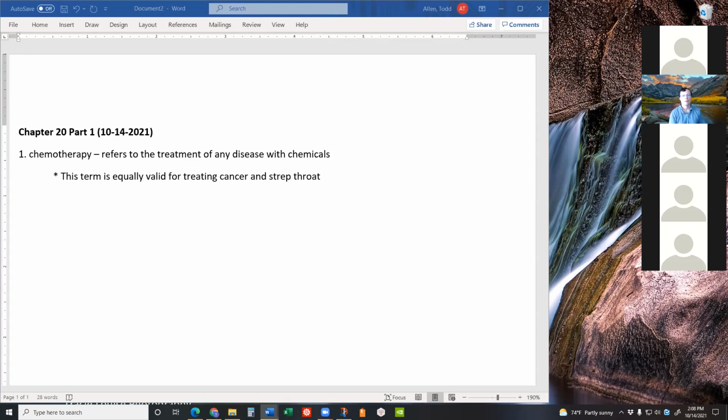Here we go. When you purchase an over-the-counter cream at the local drugstore to treat your case of athlete's foot, is this an example of chemotherapy? Wow, that's an interesting response. Take a look at the responses, folks. We have quite a bit of disagreement here.